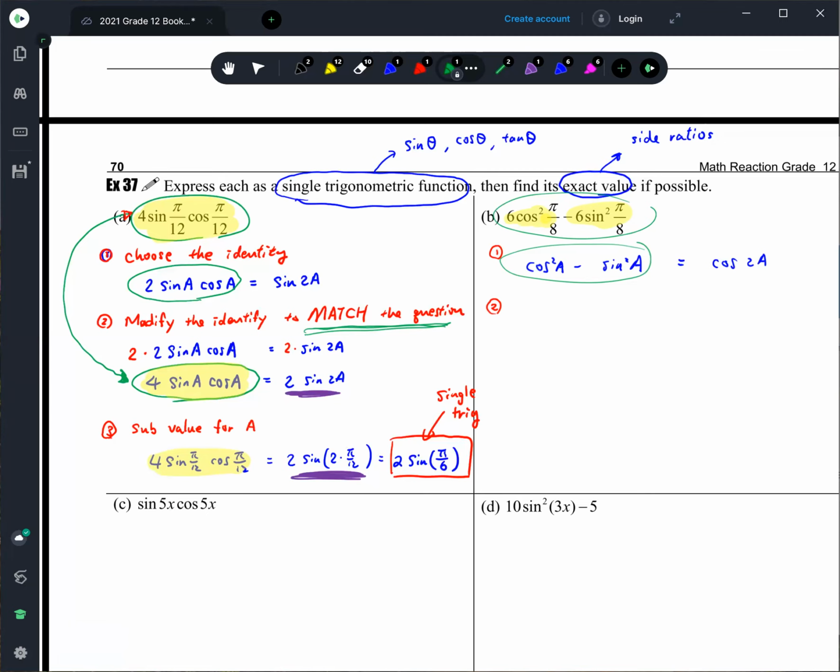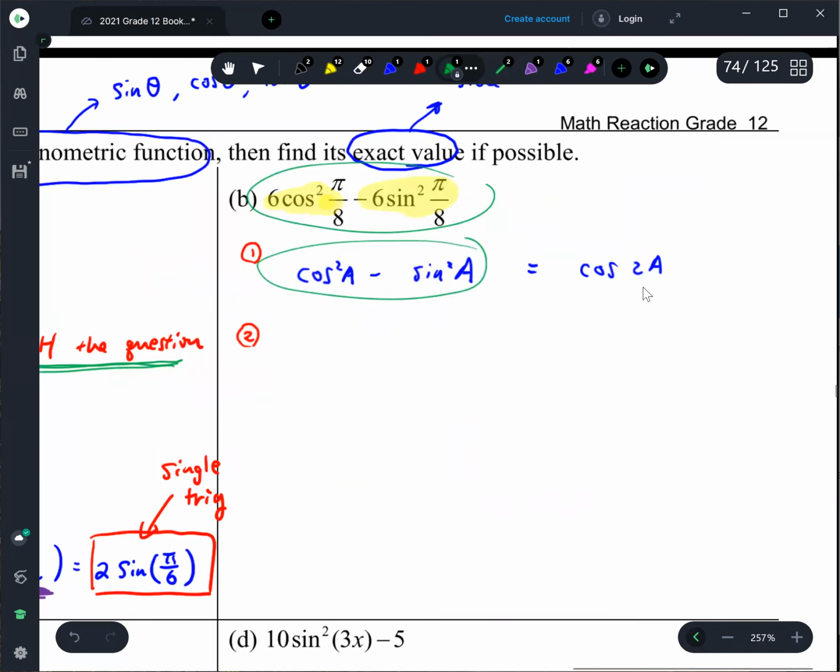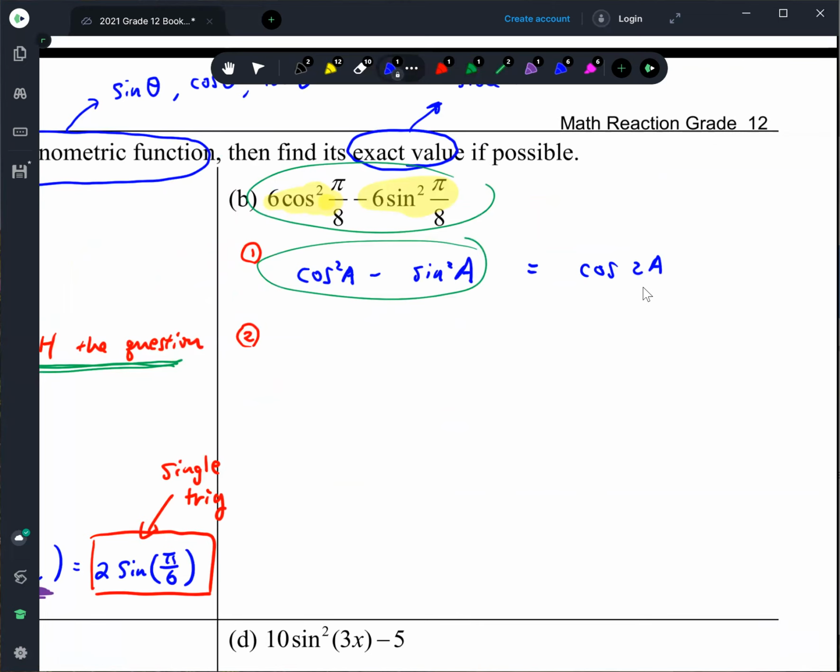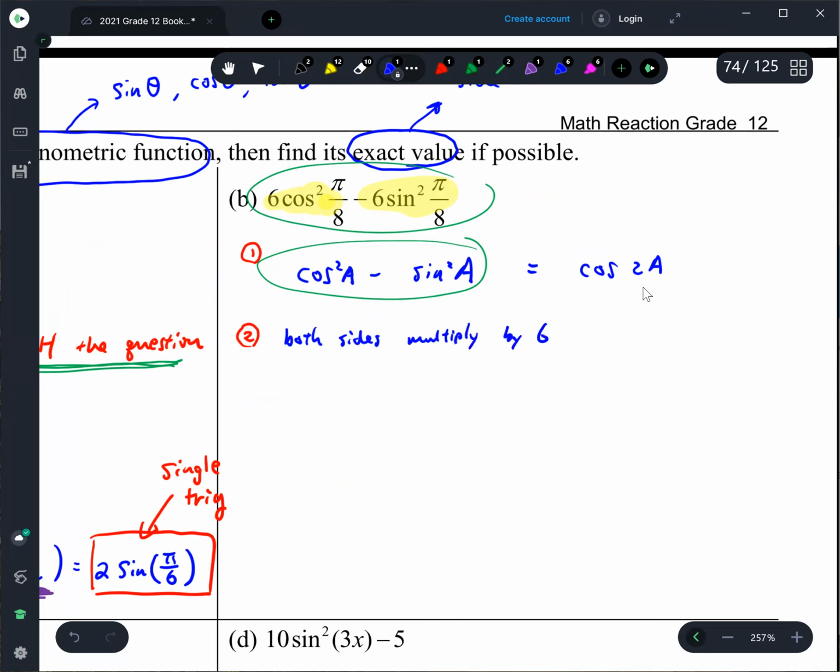Lily, what can we do on the left side so it can look like the question? Multiply by 6. Very good. It's just missing a 6. So both sides multiply by 6.